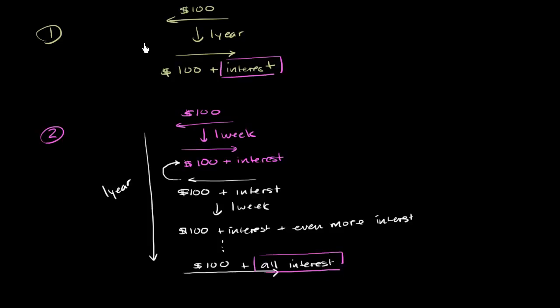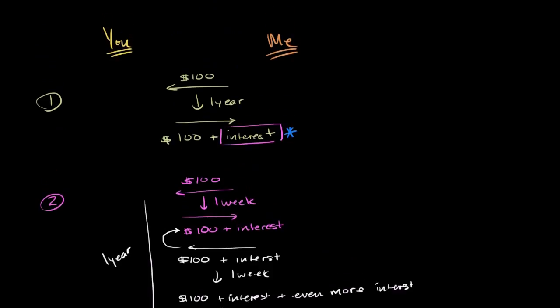So the question is, which of these should be a higher number? And to answer that question, we just have to think about, in which scenario am I, the lender, taking on more risk?